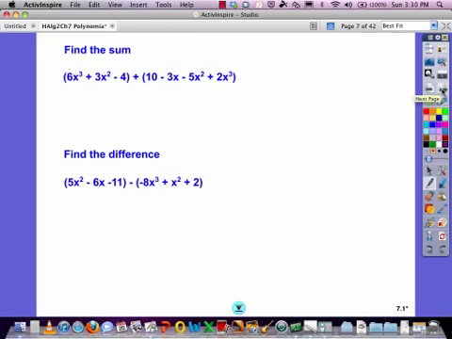Now, you've also done in algebra finding the sum, finding the differences, finding the product, finding the quotient. This one is an example of the sum, and remember when you're summing, when you're adding, you're looking for like terms only. So you have to decide how you're going to find those like terms if you like to do what we call the underlining process.